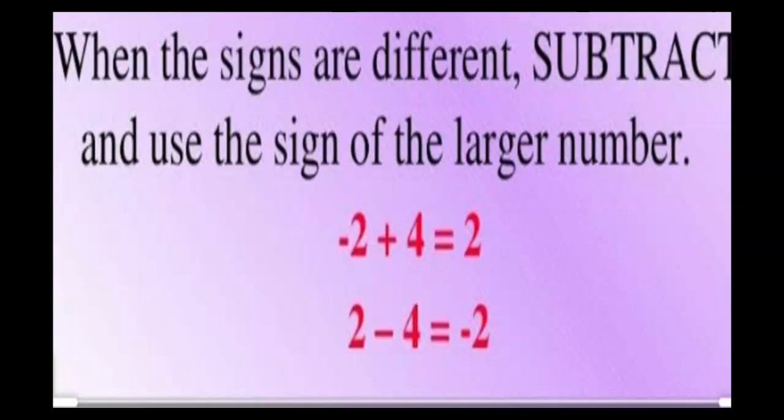Subtract the smaller number from the greater, that is obvious. After subtracting, you have to put the sign of the greater number. So here you have to be a bit careful. When you have opposite signs, subtract the smaller number from the greater number and put the sign of the greater number.